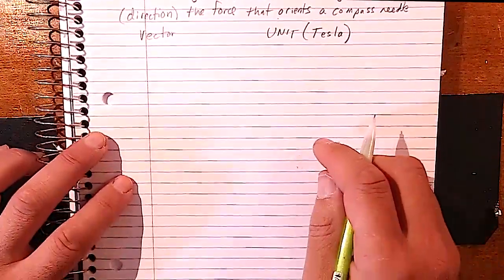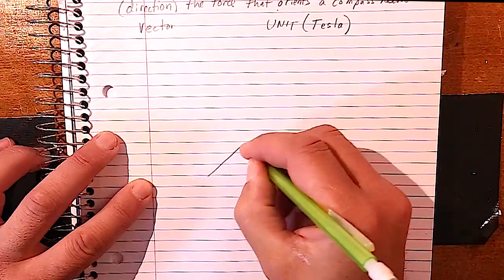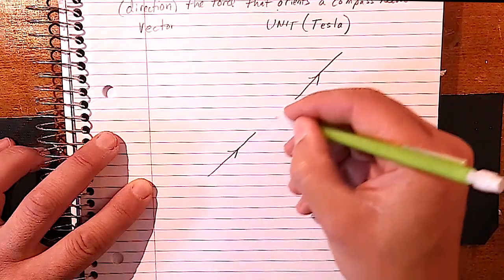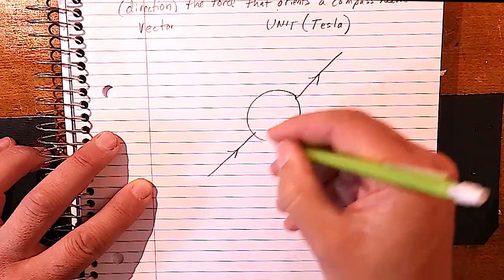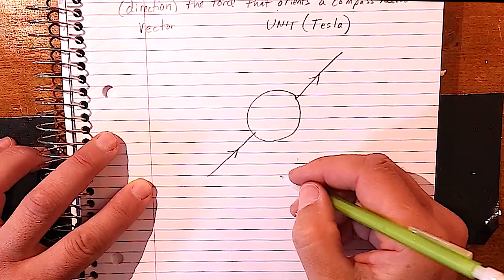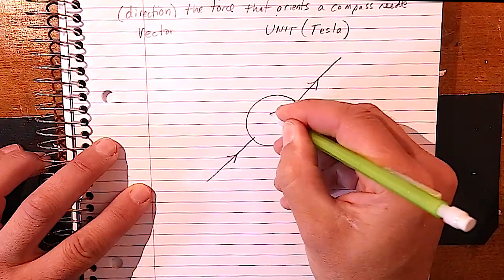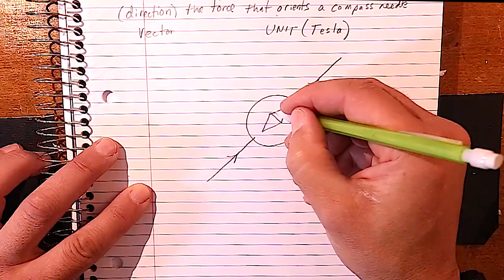So let's look at a situation where we have a magnetic field, and the magnetic field is pointing up and to the right. According to the definition, that means our magnetic field will point in the same direction as the compass.